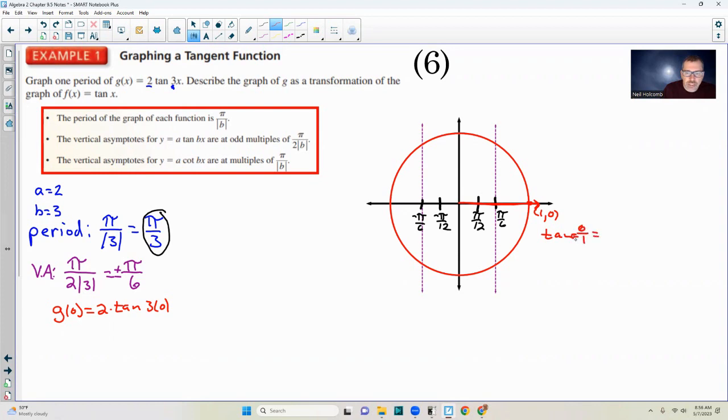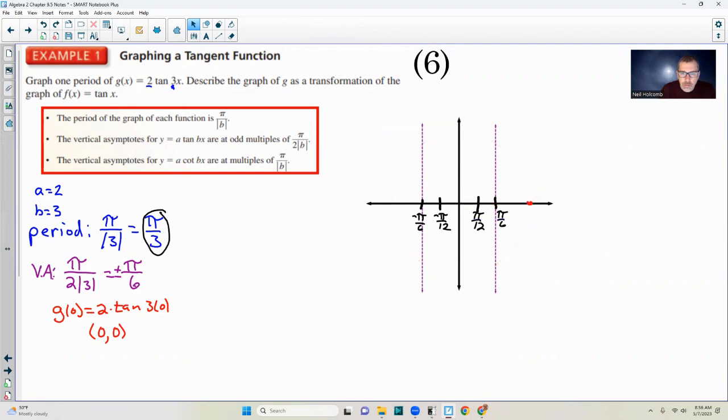So tan of 0 is 0 over 1, which is 0. So when we plug in x is 0, we get y equals 0. So that's the origin. Okay. Now I just want to get rid of all this. I just wanted to explain to you how we get those values from the unit circle real quickly.